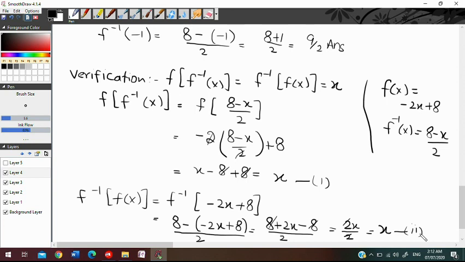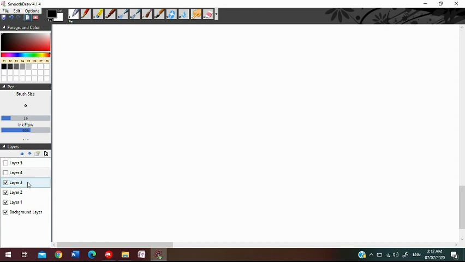And now I'm doing question number 3. Question number 3 is: without finding the inverse, state the domain and range of f inverse.